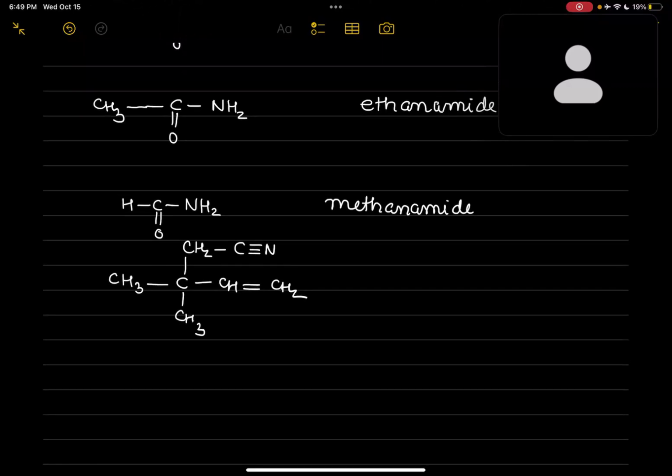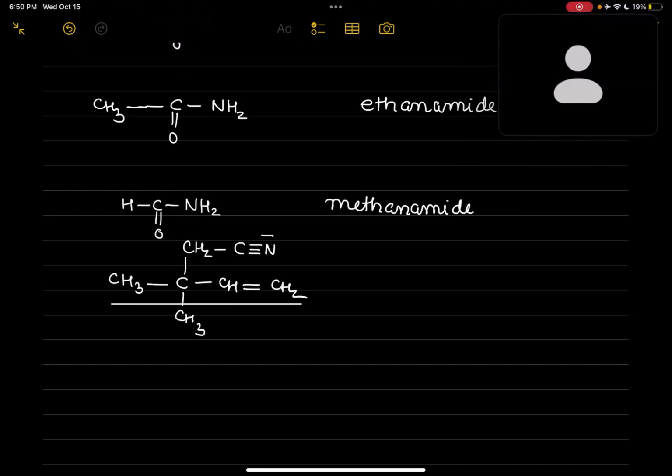Which one should we take as the primary chain? First select the longest chain. What is the functional group word root? This one, pent.